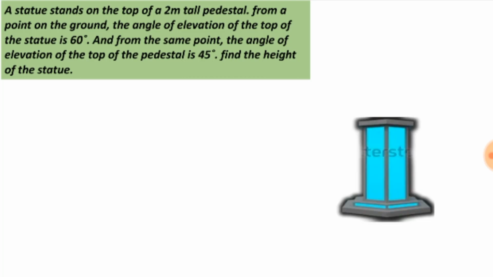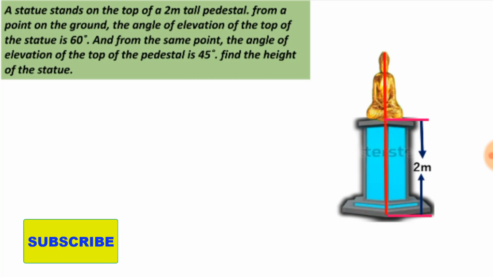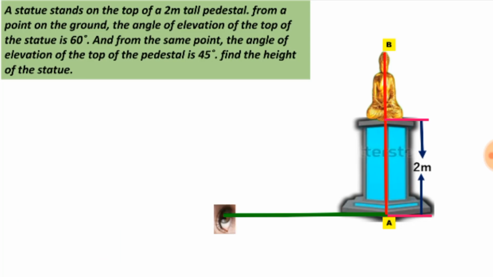So now let us take a pedestal whose height is 2 meters, and on this pedestal a statue stands. From a point on the ground, the observer observes the top of the statue.